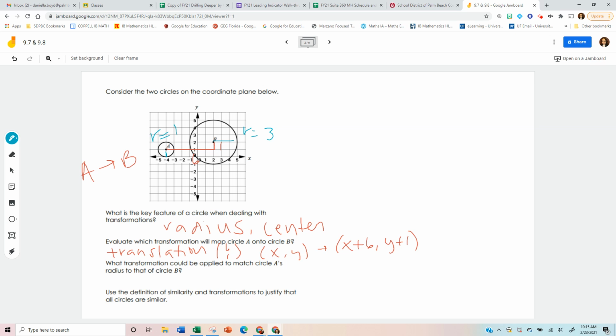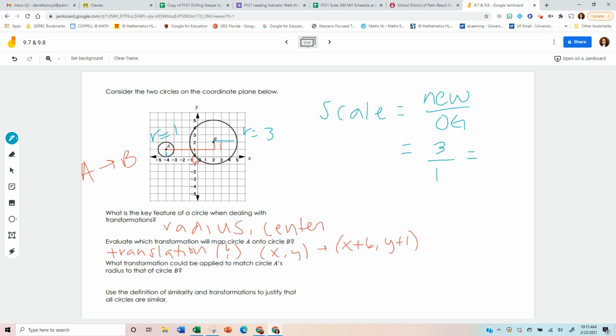Right? And so if I want to figure out the scale factor, it's the new shape divided by the original, which I'm going to call the OG. So in this case, the new radius is 3. The old radius is 1.